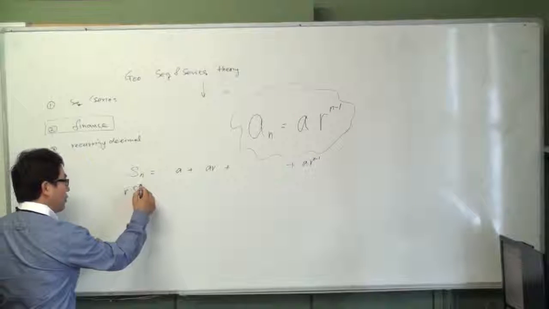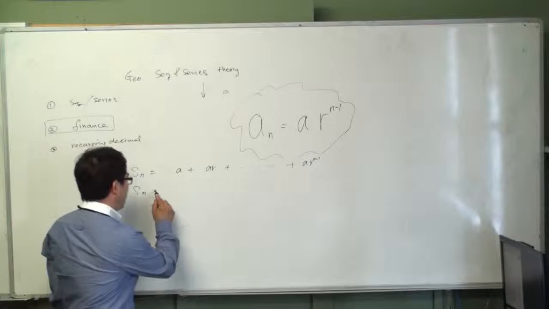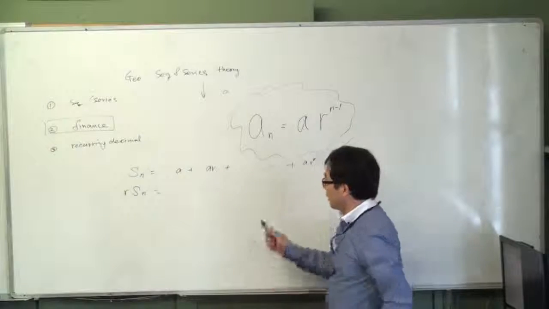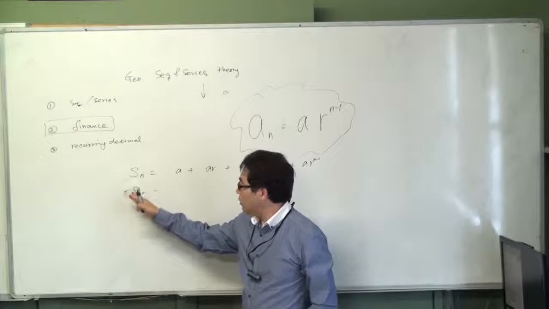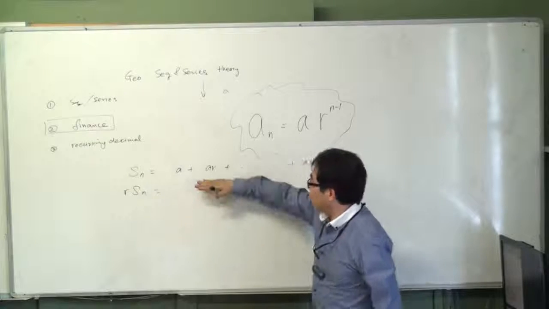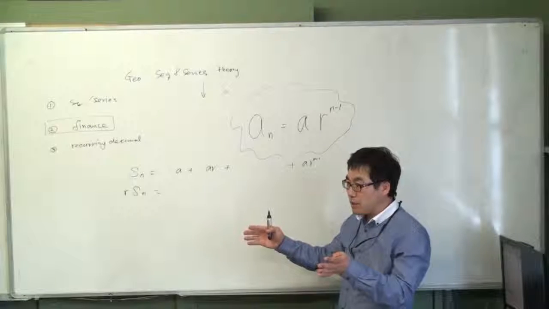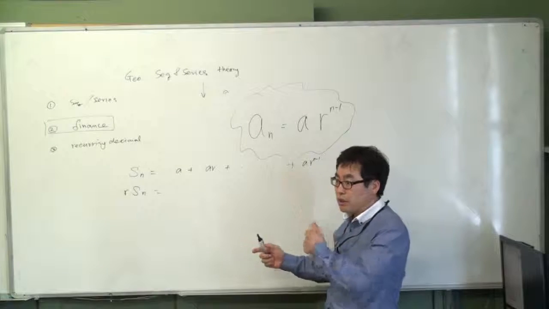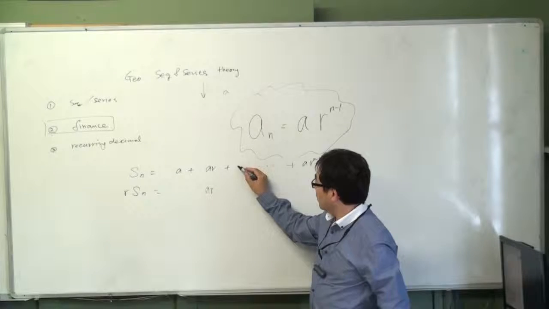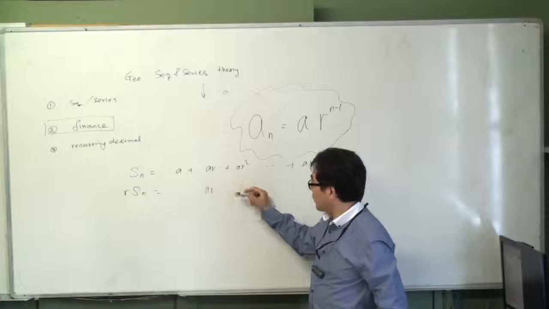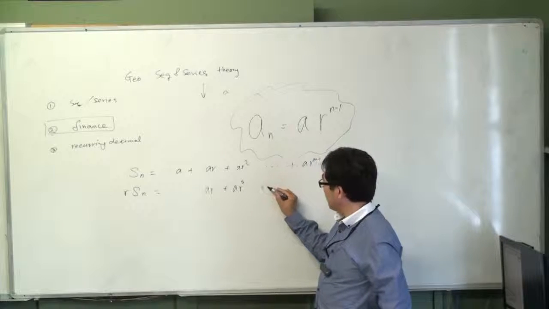Okay, then what about if I times r on each side? The idea is, if we multiply r on each side, then compared with the original one, the new terms are very much similar, except the first and the last one, because that one will become ar, that one becomes ar squared, that one becomes ar cubed.